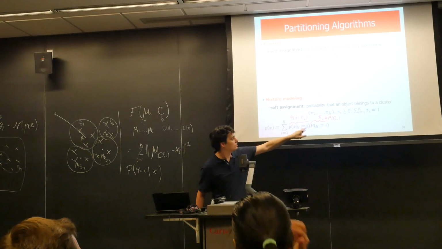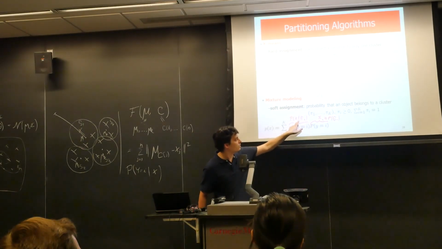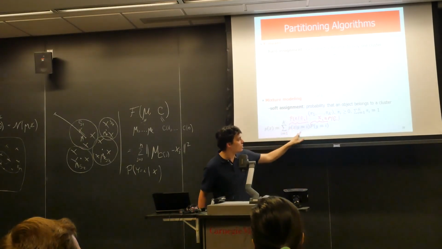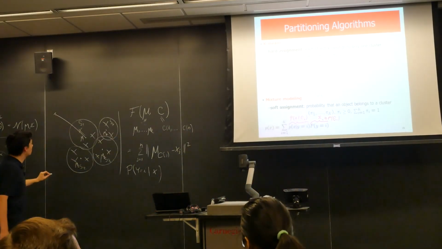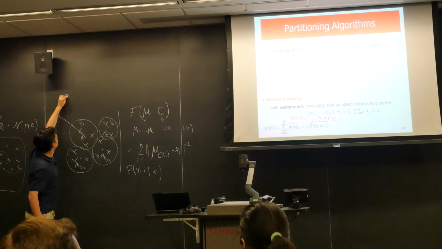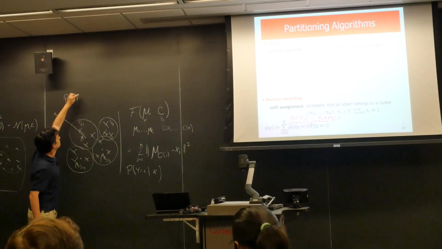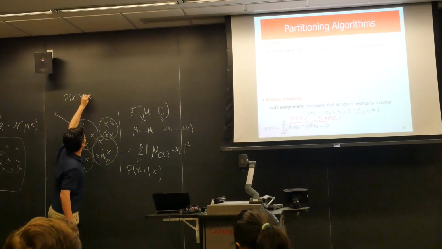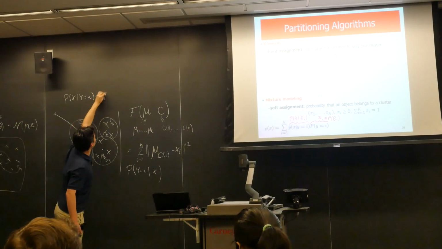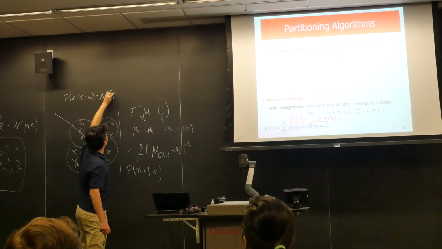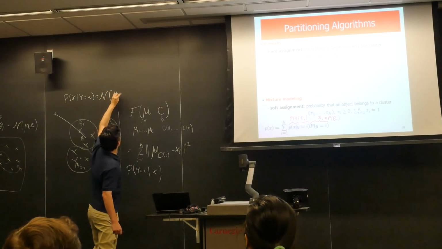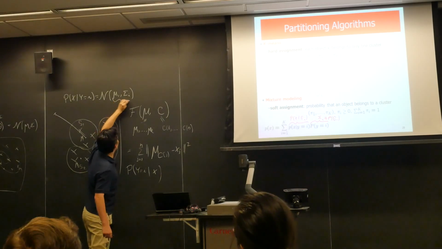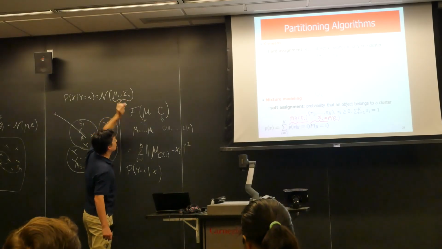This is the probability of x given theta i. It can be, say, a Gaussian distribution with parameters mu i, sigma i, and all these parameters together are theta i.